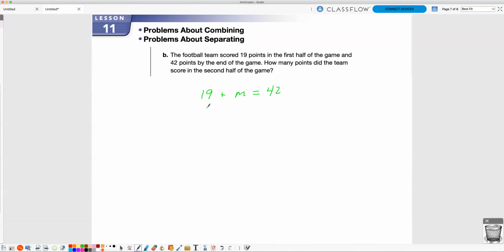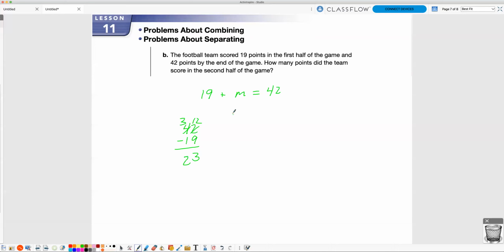So now I need to recognize that I have to subtract 19 from 42. If I was to get M by itself, I would take 42 minus 19, and I'd end up with 3. This would be 12. This would be 3 here, 23.